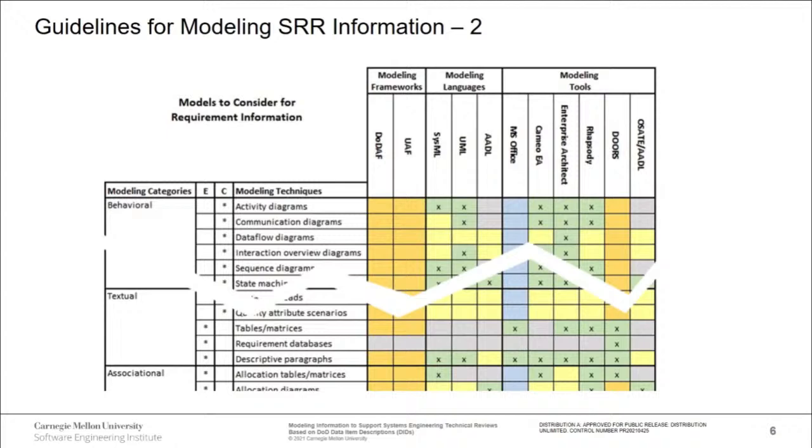Yellow means you could do it with the framework, the language, or the tool, but the framework, language, or tool doesn't have anything explicit that supports that particular technique, and so forth. So the colors are kind of giving you an indication of the level of support that any particular framework, language, or tool has for any particular modeling technique.